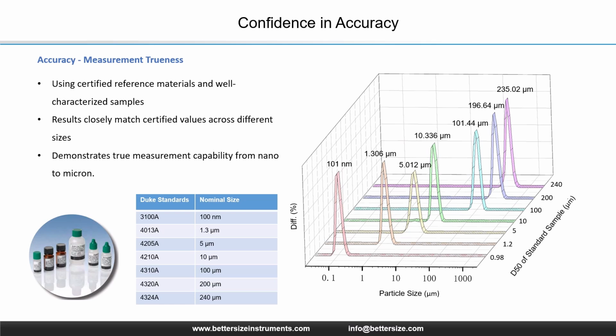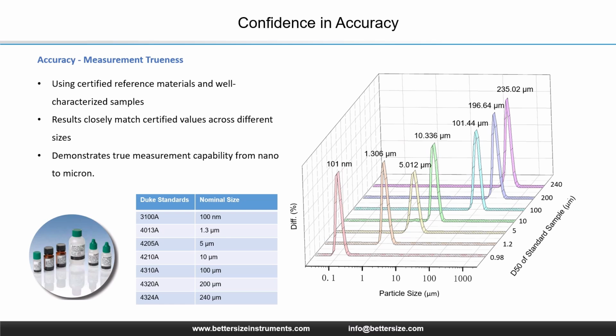We have proven the system is consistent with repeatability. Now we must prove it is correct with accuracy. We validate the trueness of the optical bench using certified reference materials from Duke Scientific. Observe the span of this validation. We test standards ranging from 100 nanometers up to 240 microns.